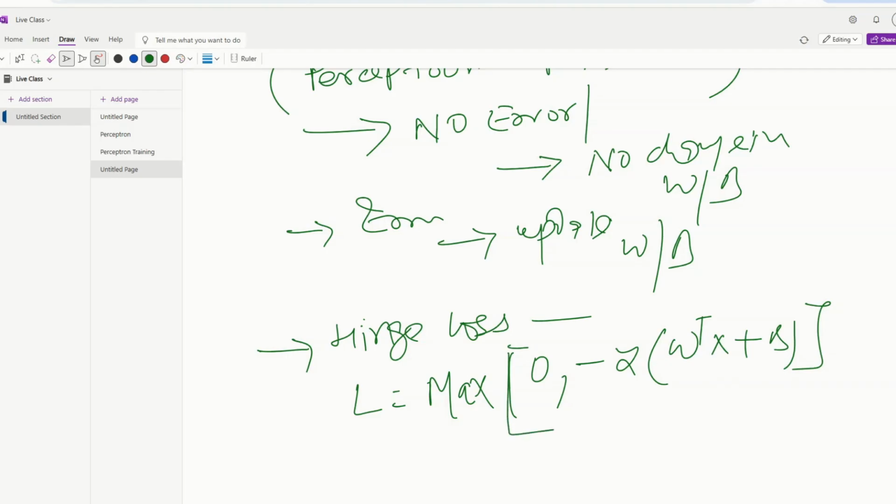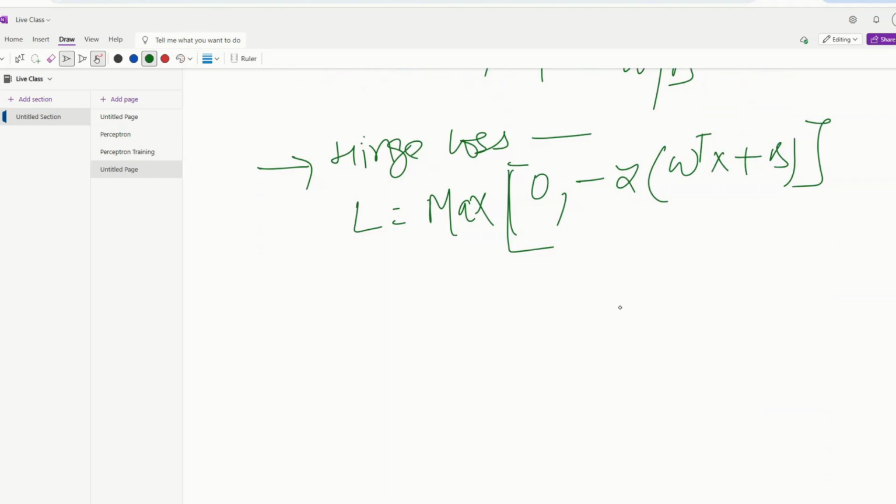According to the update rule and according to the hinge loss, we are coming to the same point. If there is no error, then L will be 0. If there is an error, then there will be loss.